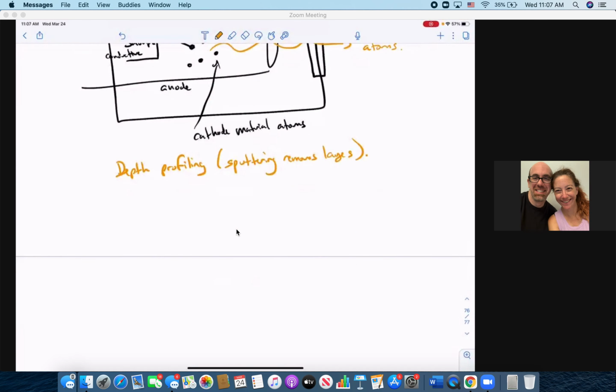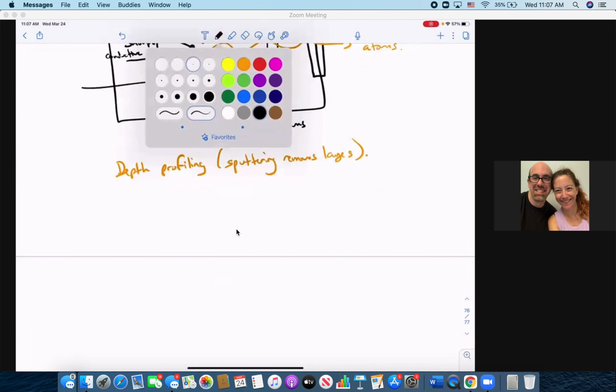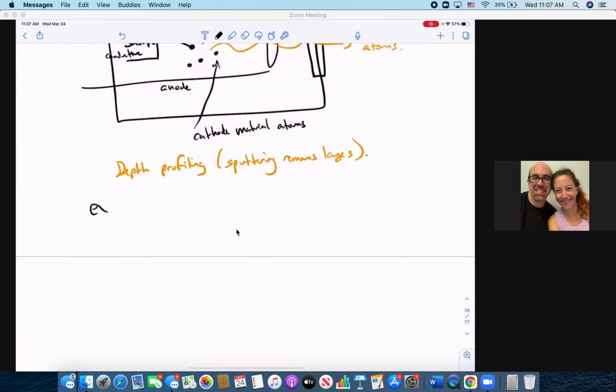So if you think about it, I'm just going to give you an example here. Let's say I had a piece of metal, or a sample, that had a layer of titanium, and then a layer of nickel, and a layer of aluminum, just for fun. Okay. And then I've got argon ions, let's make them blue, hitting that surface, slamming into that surface.